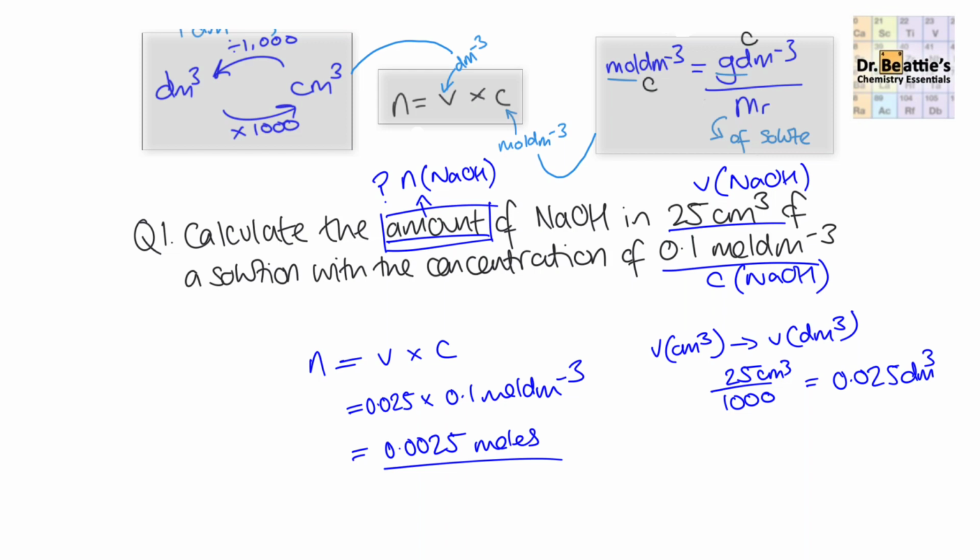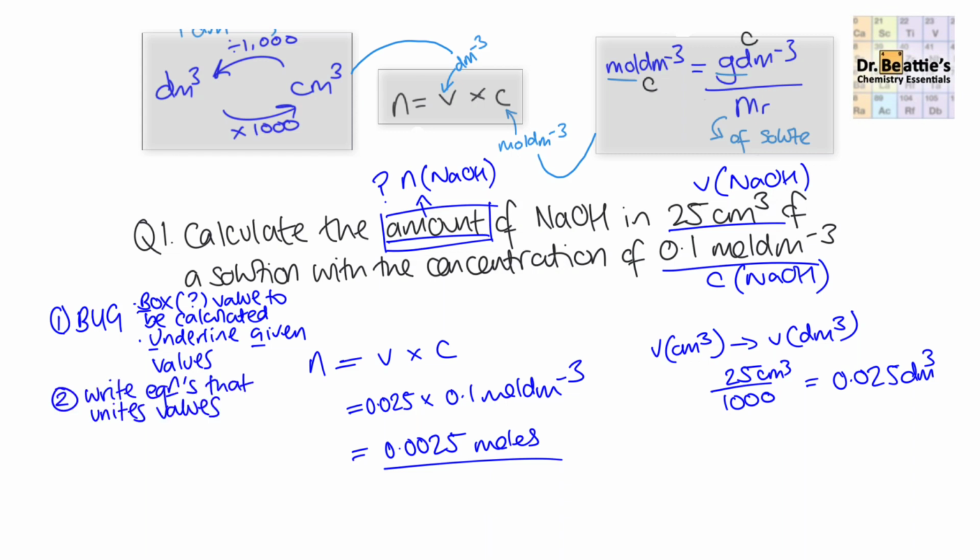At this point, I want to make really clear the strategy we used in order to approach this calculation. First was that we used the BUG method. We boxed the value we were trying to calculate, and then we underlined any given values. Next, we wrote the equation or equations that unite the values.